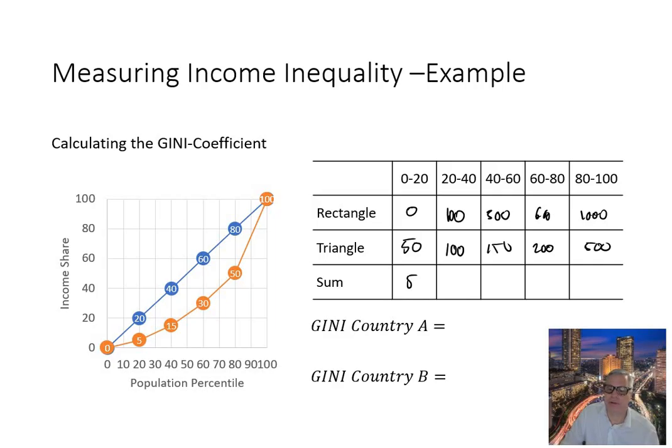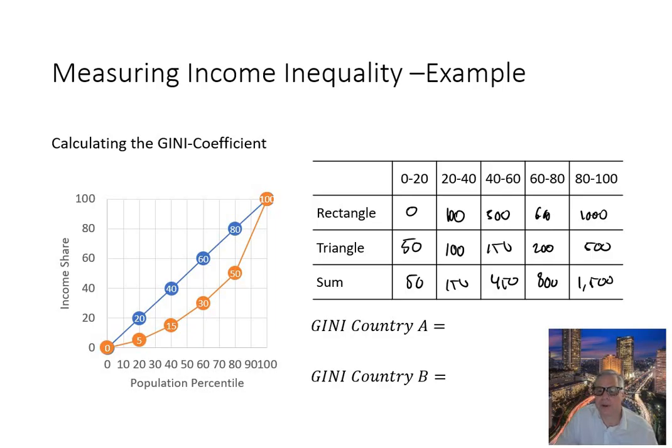Okay, so now we have here 50, 150, 450, 800 and 1,500. And then we calculated the area again underneath the orange line. So the area is now 50, 200, 200, 650, 650, and then 1,400.